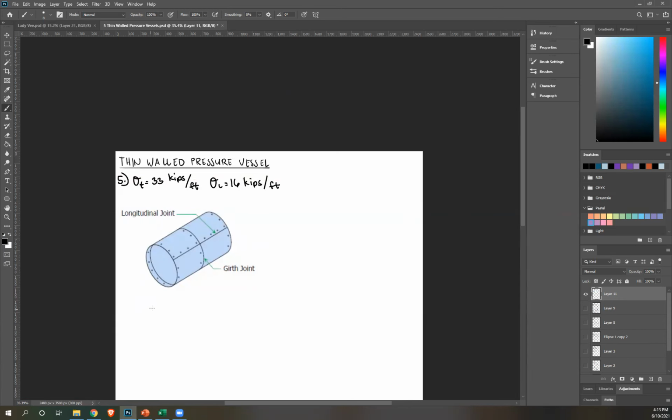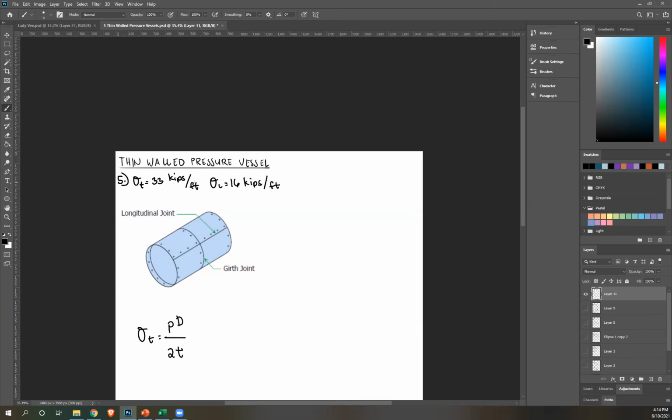So all I need is sigma t. So sigma t is equal to PD over 2t. Now, by the way, the given here is kips per feet.